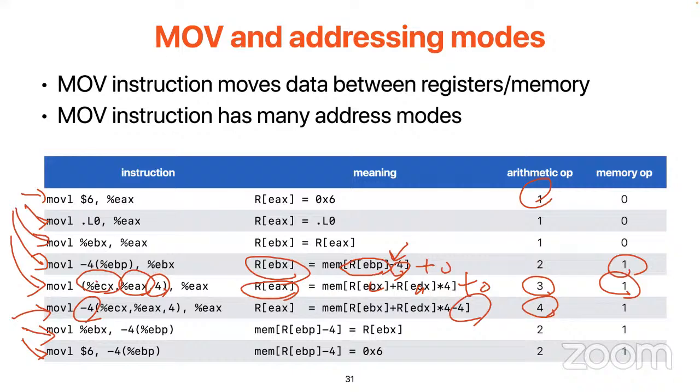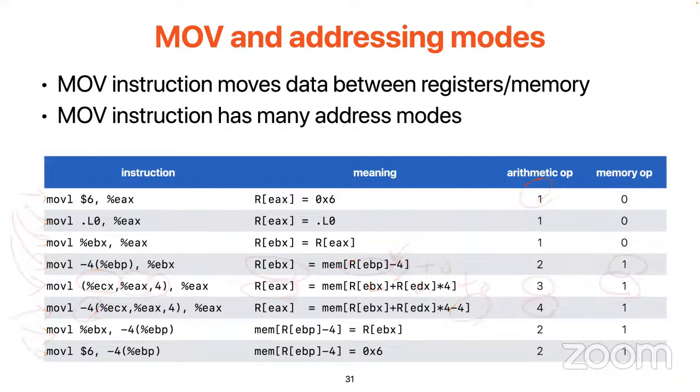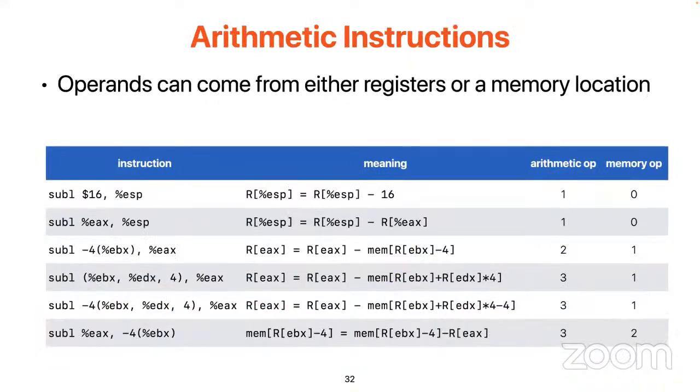So the move instruction has so many different ways in x86, right? And the arithmetic operations also have a fruitful of formats. For example, for the subl, you can use immediate values, constant values.